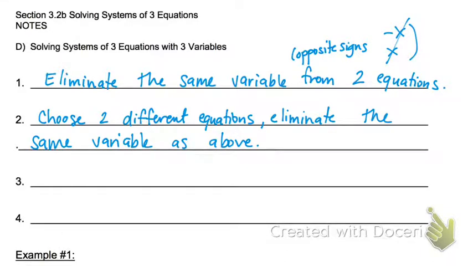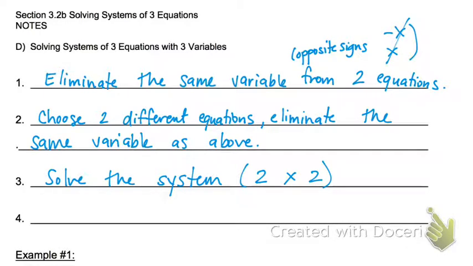From there, you're going to solve the system. Now it only has 2 equations, so it's just a 2 by 2. Like we did before, elimination or substitution. So when you say solve the system, is that what we just did before?